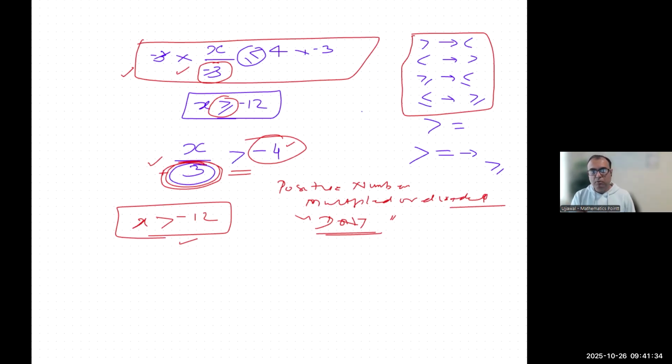All right, let's do one more. These negatives are very, very tricky to deal with. I'm going to the next page now. Let us say... now tell me what is going to be the answer.